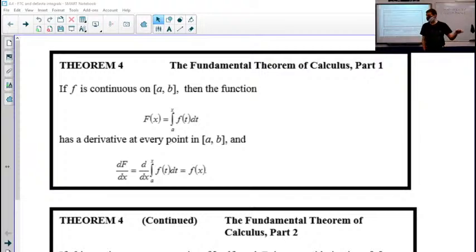So if I want to know what the derivative of the integral is, that's just going to be the original function.